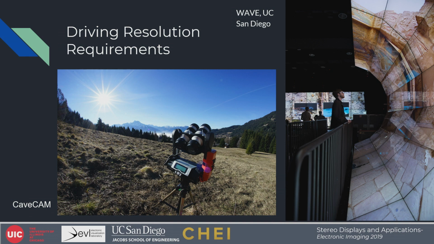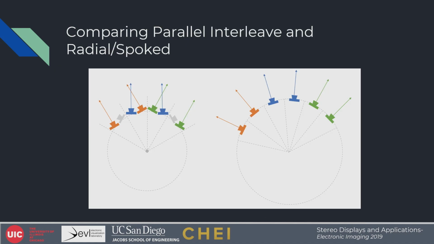That works pretty great because we can rotate about that point. But when we want to build a video system, we need to have more cameras, and therefore we need to offset them away from that rotation point. This is the introduction to the difference between the interleaved parallel design and the radial spoke design. On the left, you see that we have stereo pairs, the blue cameras, the orange cameras, and the green cameras, which are parallel.